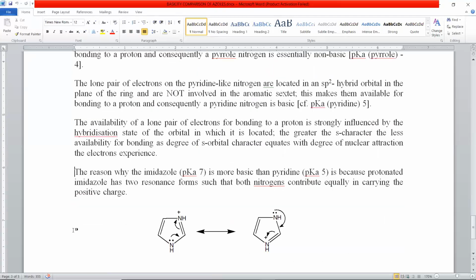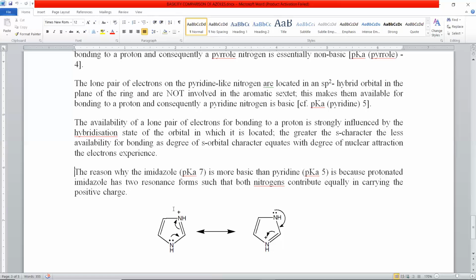Now the reason why imidazole is more basic than pyridine is because protonated imidazole has two resonance forms, such that both nitrogens contribute equally in carrying the positive charge. If we protonate one nitrogen, the pyridine type of nitrogen can be protonated. Even in pyridine, the nitrogen atom can be protonated.